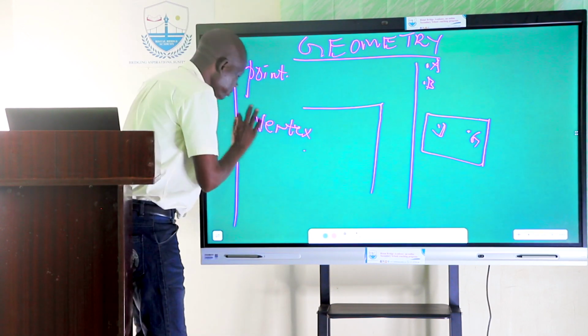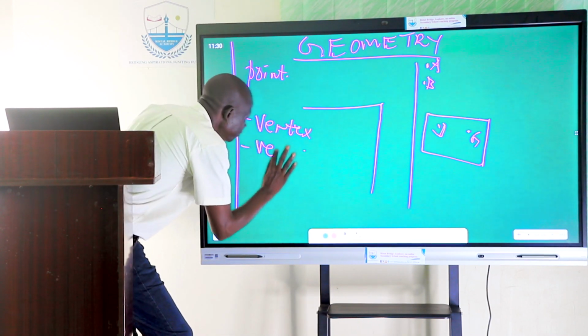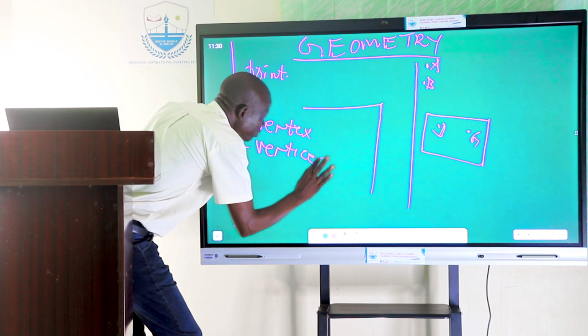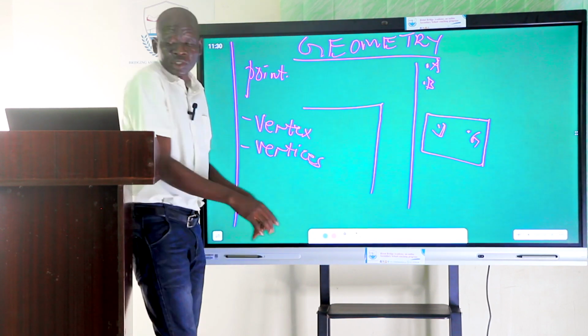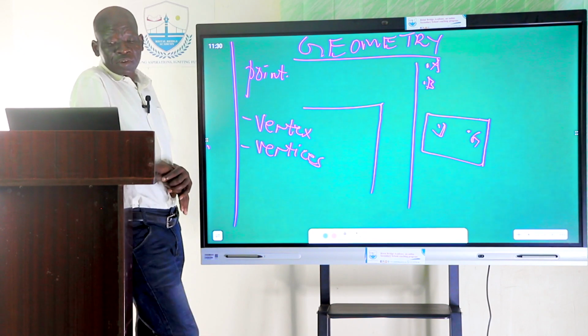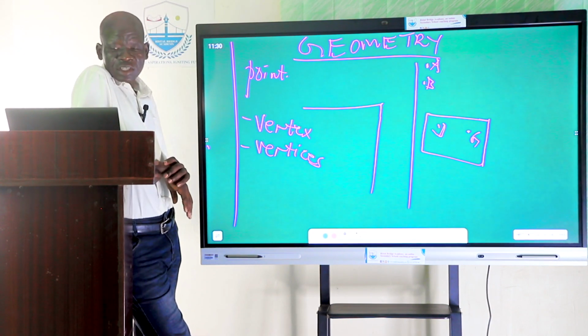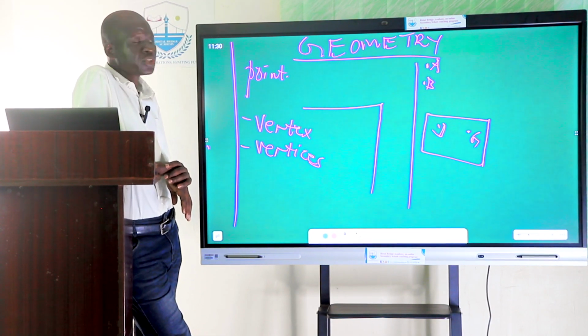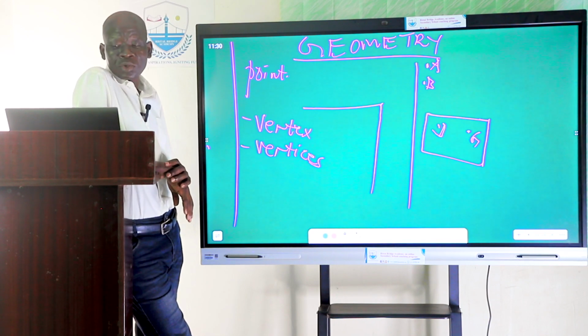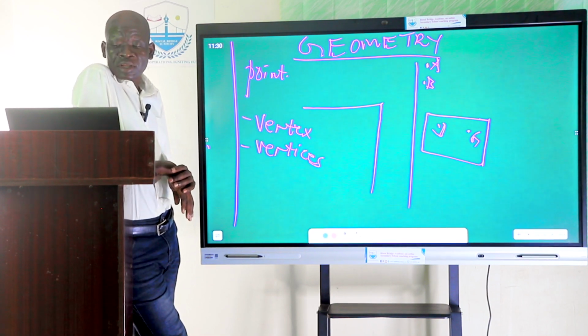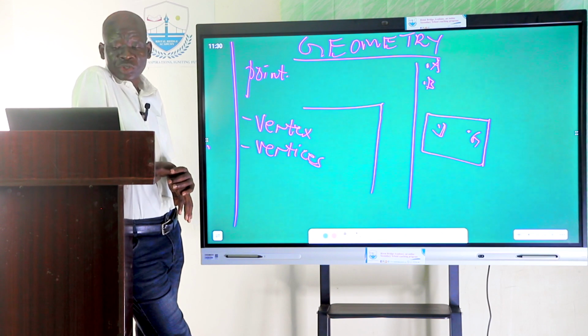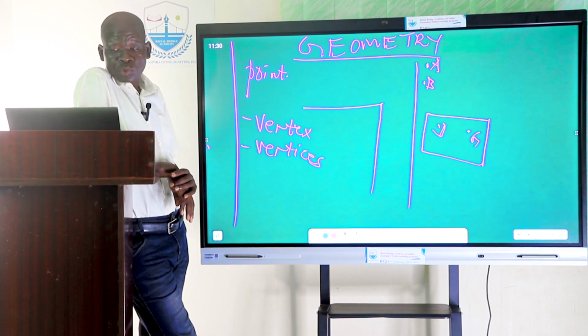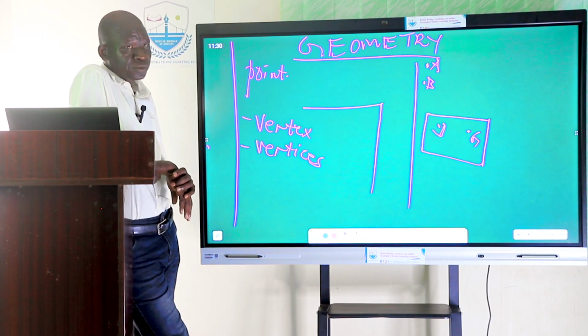Then when there are many, we call them vertices. First of all, a figure is a drawing which shows the points that we are interested in.